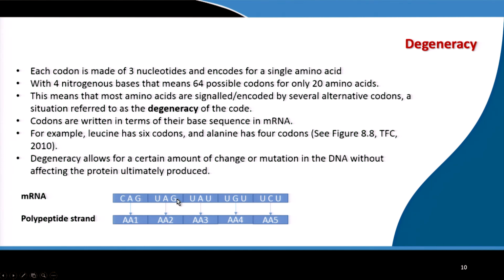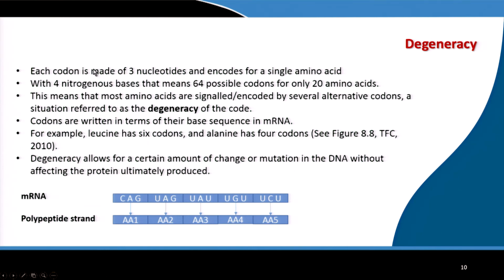So these are 3 nucleotides in sequence. Each of these sets of 3 nucleotides has a specific sequence which is encoding for a specific amino acid. Now, since we have 4 possible nitrogenous bases in both the DNA as well as the RNA, there's one that is different in both cases.